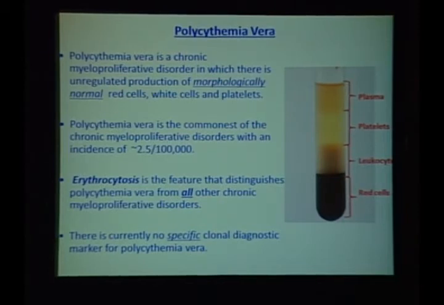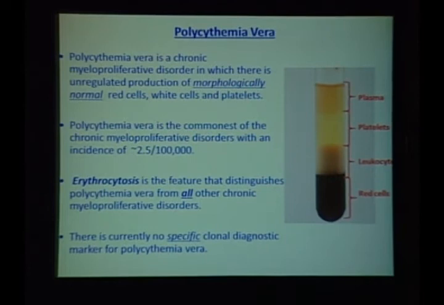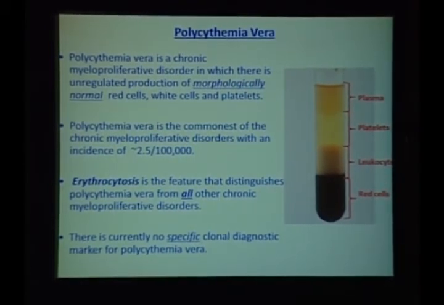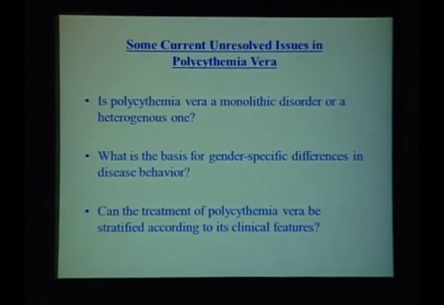So erythrocytosis is the distinguishing feature for this disease. But of course, the World Health Organization says we really don't have to worry about that. We have distinct criteria. And as I say, there's no specific marker. So some unresolved problems in polycythemia vera would be this. Is this a monolithic disease, where everyone has the same clinical course, as I'll show you?